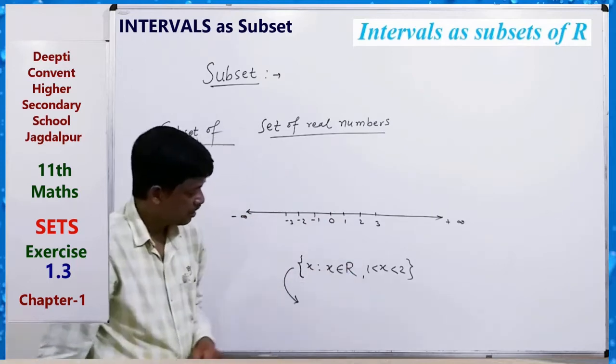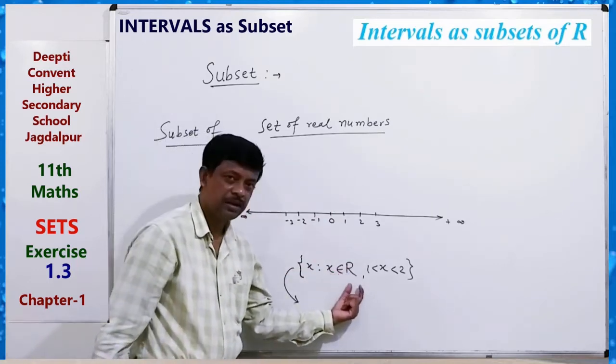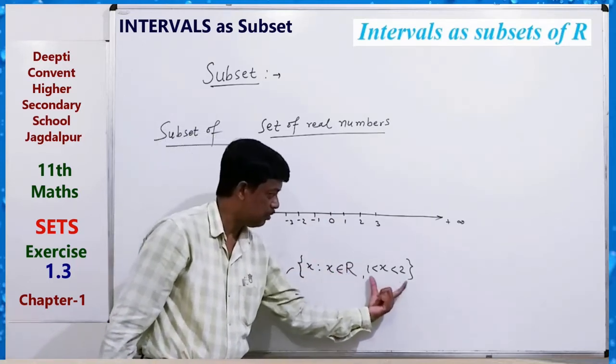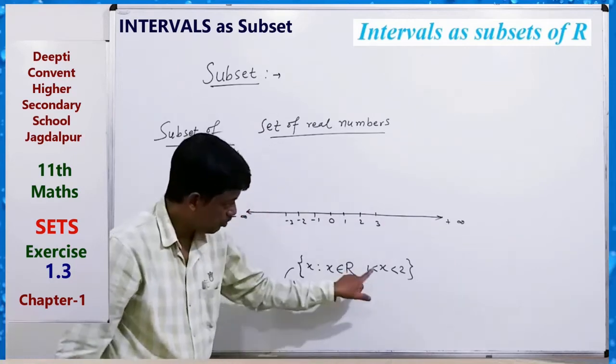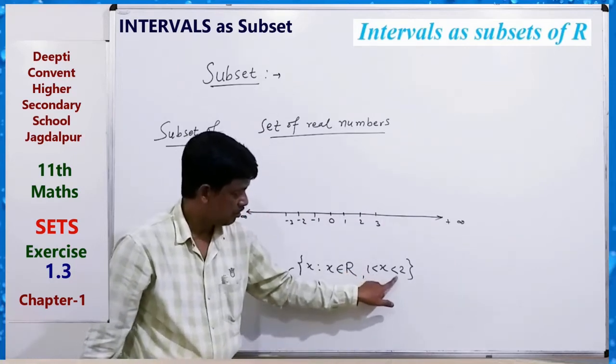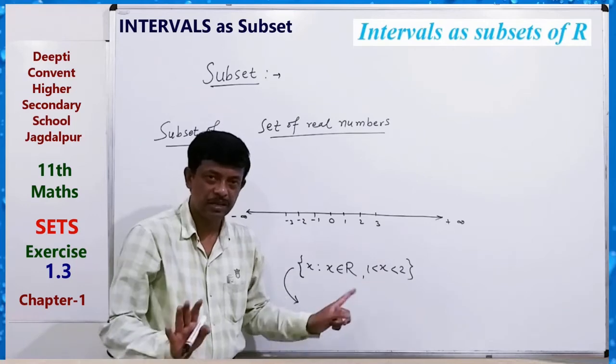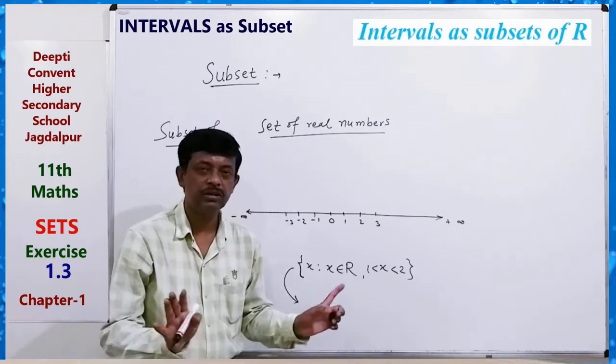So here x is a real number between 1 and 2, the endpoints being 1 and 2. Here it is just less than, not less than or equal, so 1 and 2 will not be included.